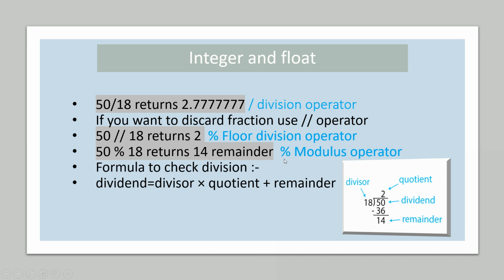This operator is called the modulus operator. It always returns an integer value because it returns a remainder. And if you are using the floor division operator here, then it always returns the quotient, right? So to check the division, we have a rule: dividend equals divisor into quotient plus remainder.